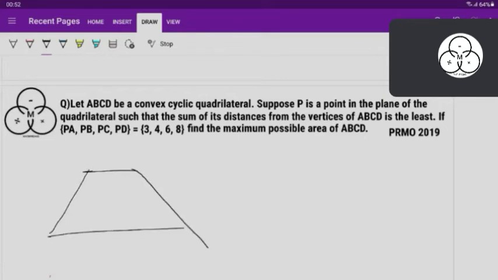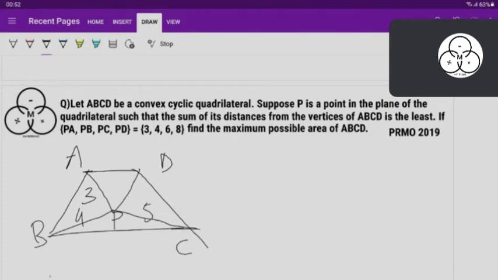Area of triangle we have discussed with congruency, I guess. So from here comes the topic. This is P, A, B, C, D. 3, 4, 5, 6.